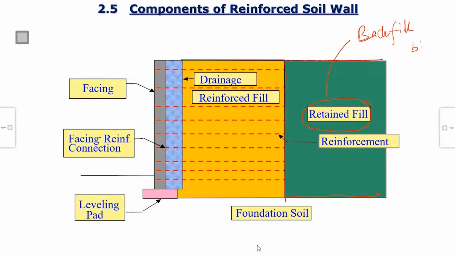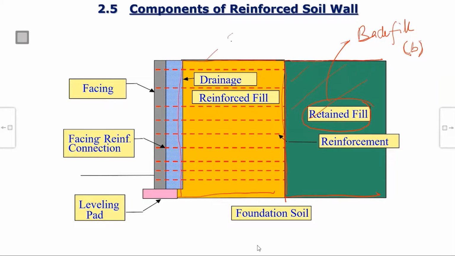Many times we use small letter b for this in various properties. Retained fill or backfill. This is my normal fill which was there. Now towards the front, this yellow colored thing, there, rather than filling with whatever was existing soil, I take a selected soil.